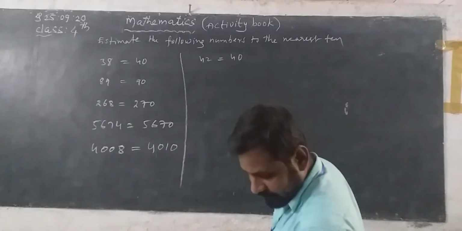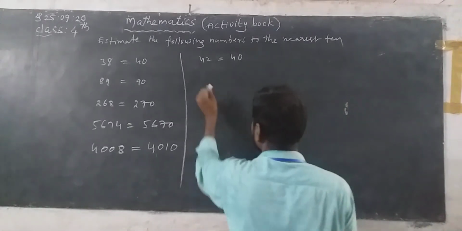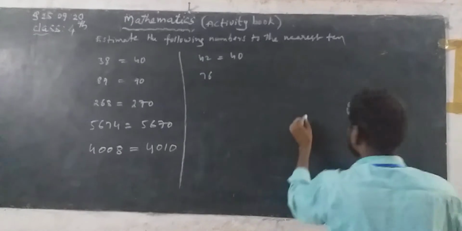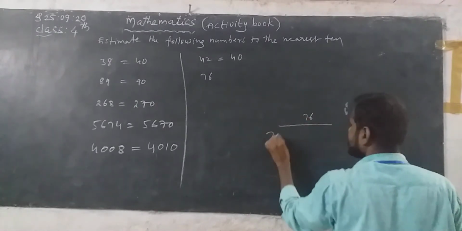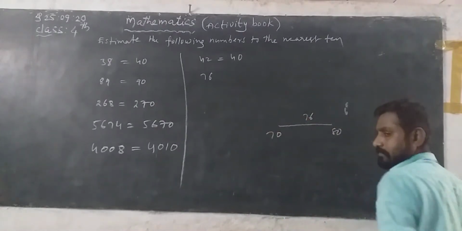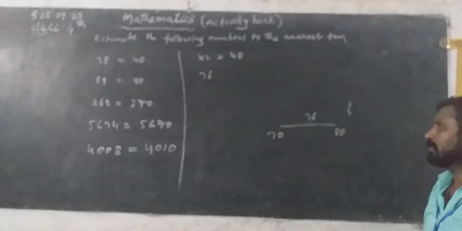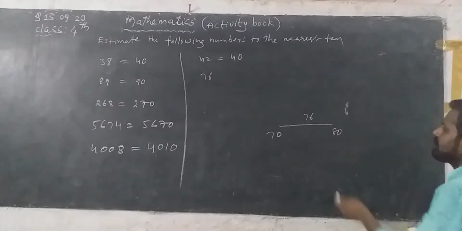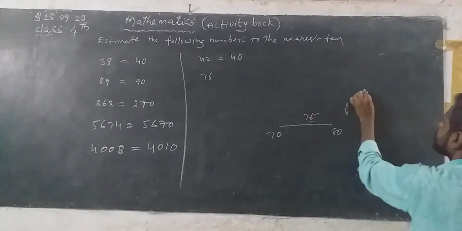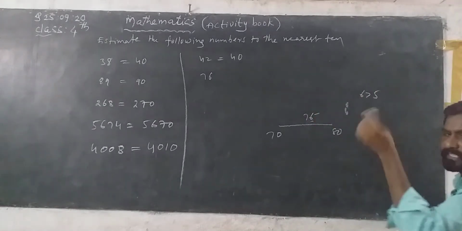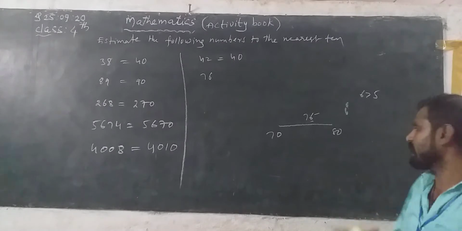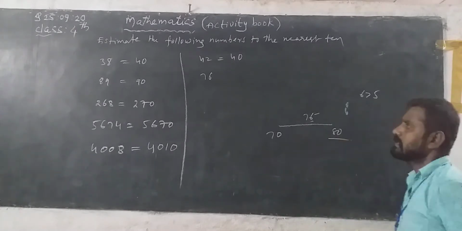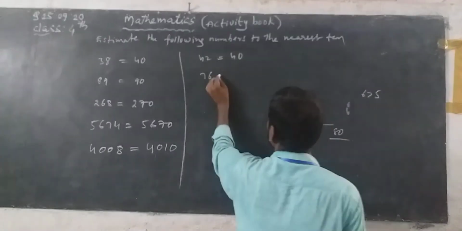Next, 76. 76 lies between 70 and 80. We round the given number to the nearest tens. You can compare the digit in the ones place, that is 6. 6 is greater than 5, then we have to take the next tens, means 80. 76 is rounded off to 80.